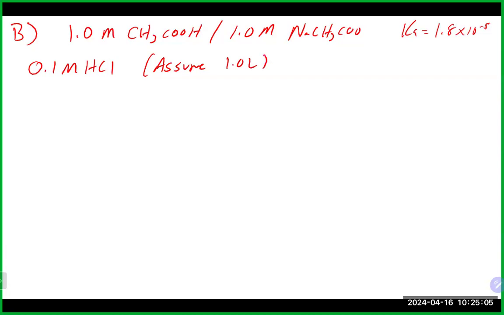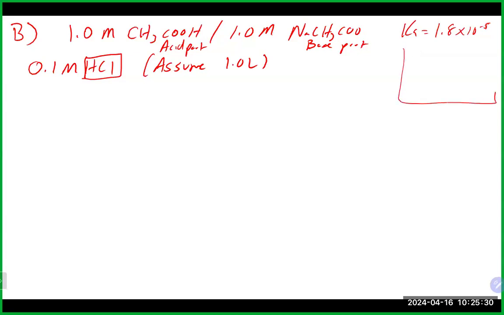So clearly, we want to think about a couple of things that are going to happen here. This is our buffer, this is the acid part of our buffer, and that is the base part of our buffer. When I add HCl, it's going to react with which part of the buffer? It's going to react with the base part, which is the sodium acetate, right?